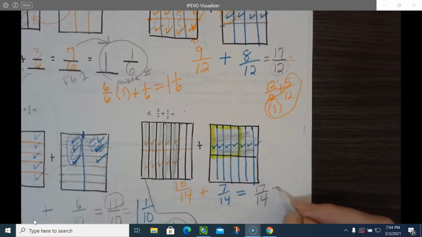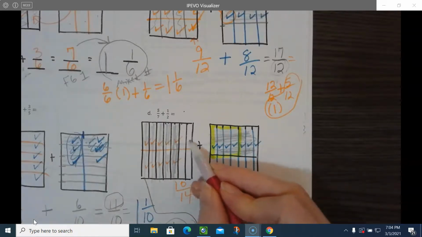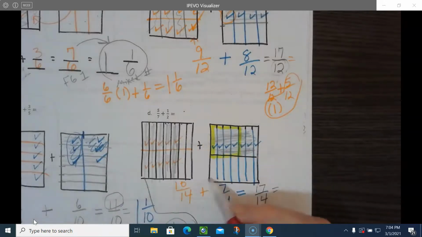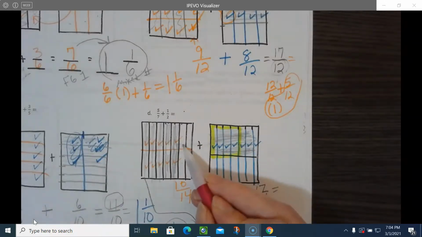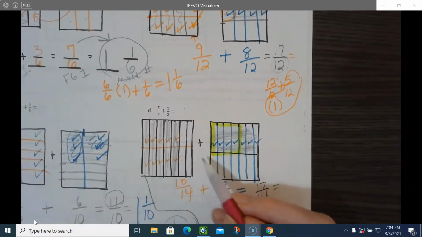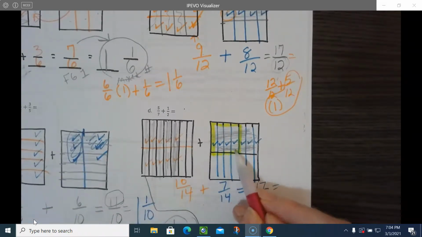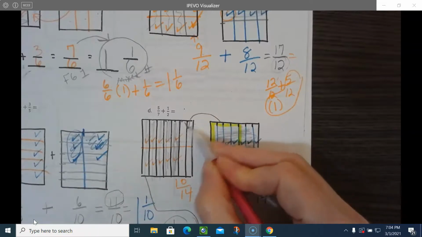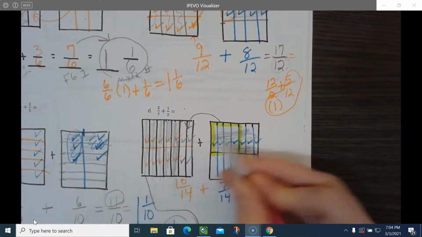If I am renaming this fraction that is greater than 1 as a mixed number, I'm looking at this fraction square right here, and it only needs 4 more to complete the whole. So if I were to just move these 4 over here, that would completely fill this up.